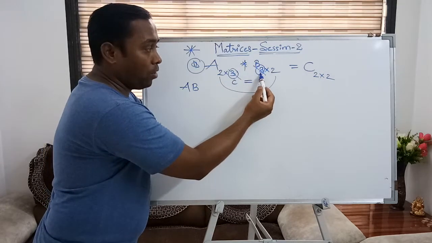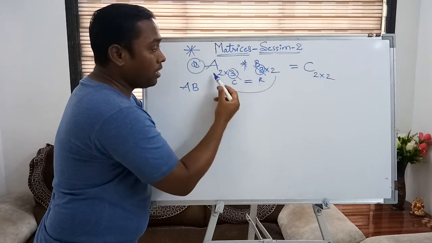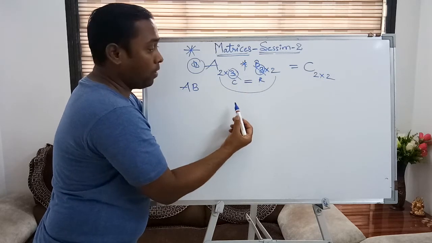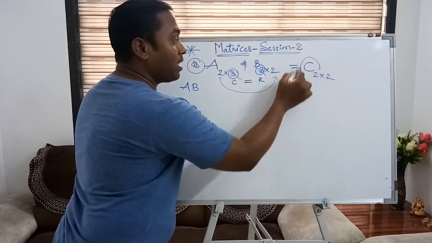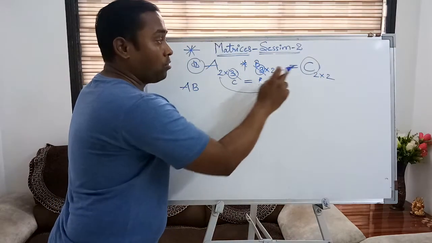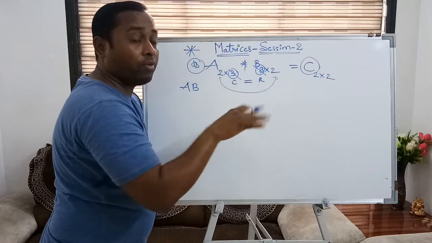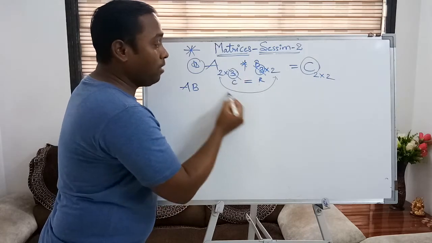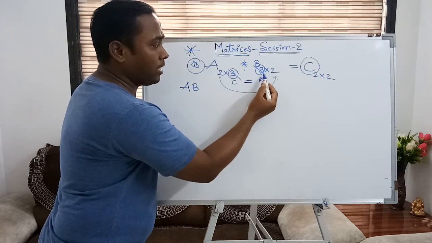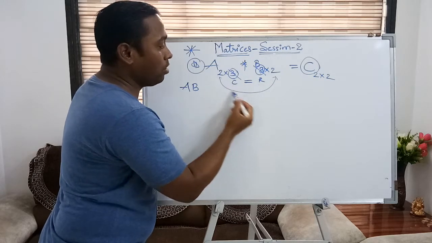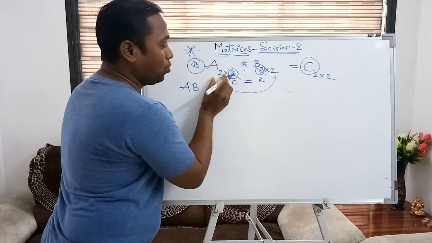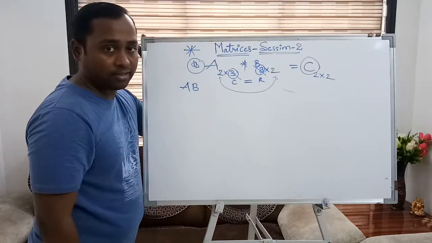Only when these are equal is their multiplication possible. Then the new matrix will be generated. Let's say we cancel the equal ones, so the remaining is 2 by 2, so 2 rows and 2 columns like this.